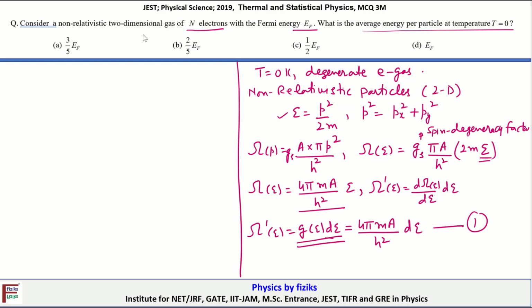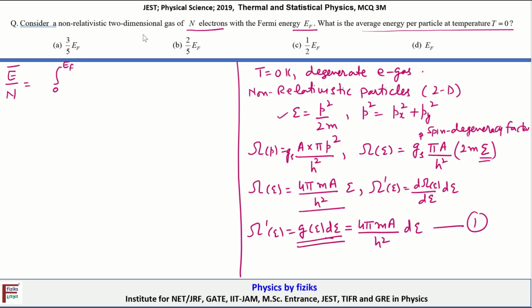Now we have to determine the average energy per particle, and that can be calculated as follows. The average energy per particle is the total energy divided by the total number of particles. We calculate from 0 to E_F, because we are talking about a system at absolute zero, and at absolute zero only the states up to the Fermi level will be occupied. All other states above the Fermi level will be empty.